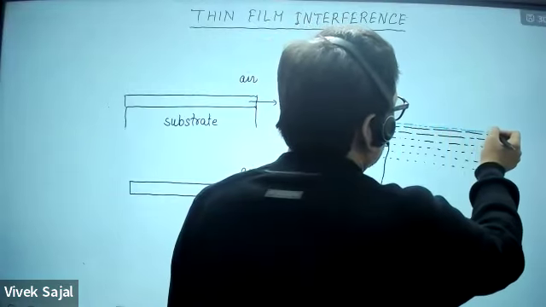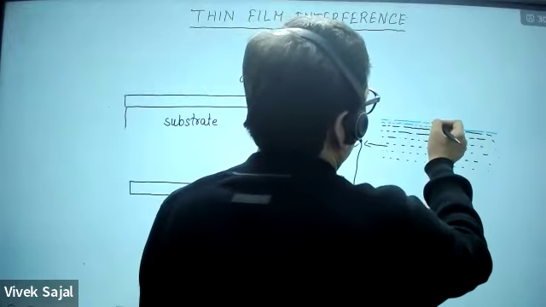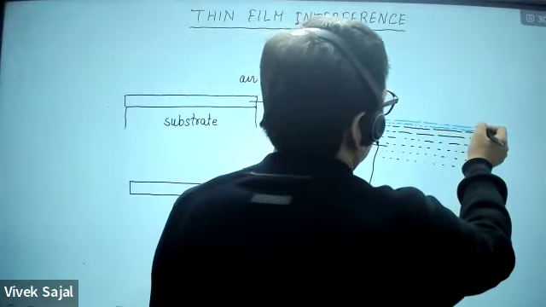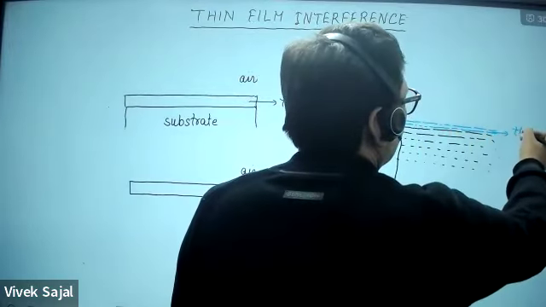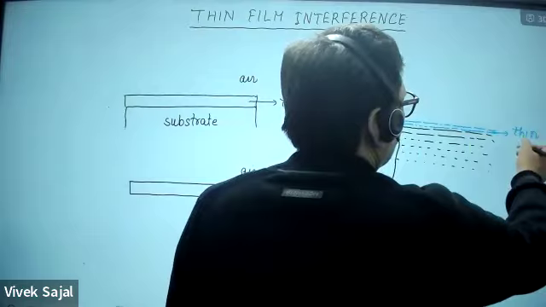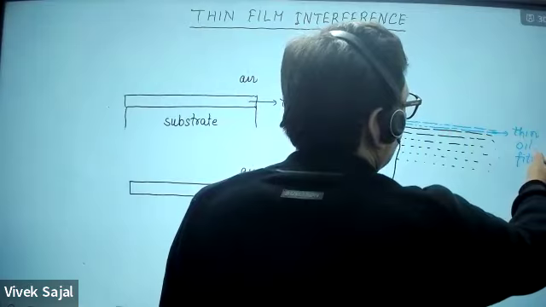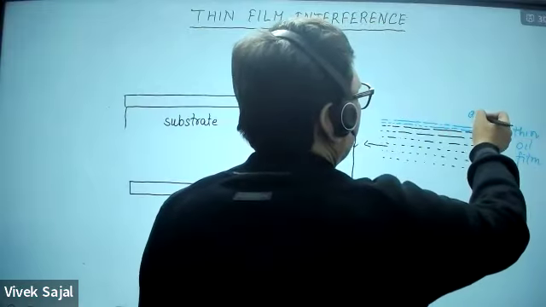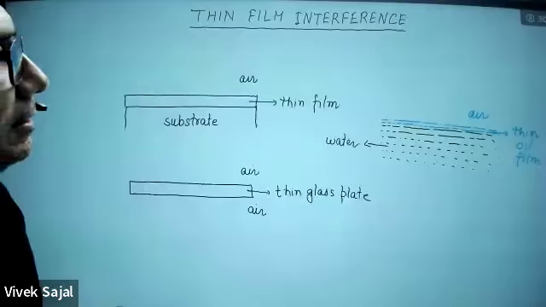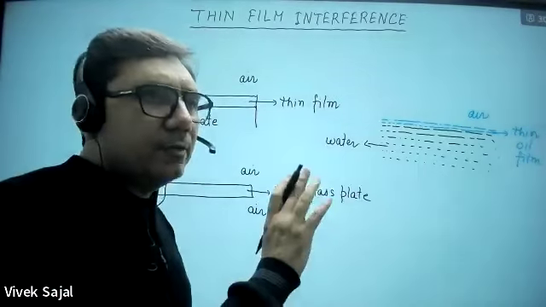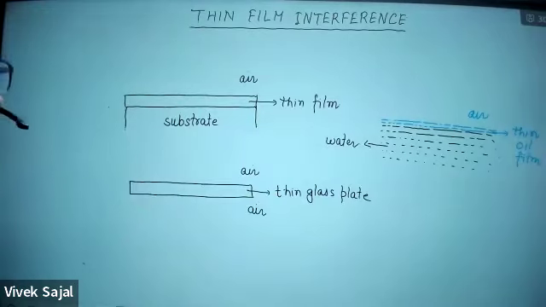So this is a thin oil film spread over water, and here we are having air. So this type of films we are going to deal with in the case of thin film interference.